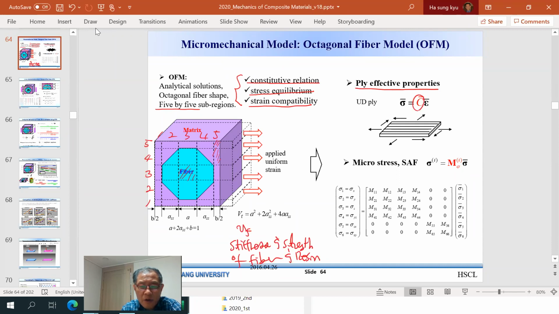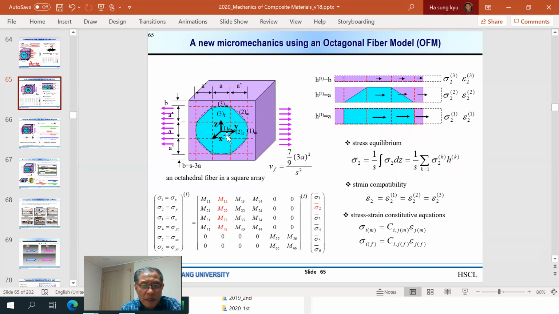C bar is the homogenized material property, and stress amplification factors, M. And this is the subject I assigned you last week, and the derivation is basically stress equilibrium, strain compatibility, and stress-strain constitutive relations.